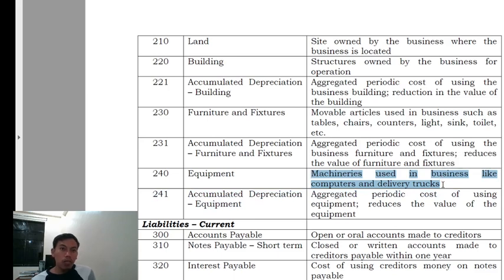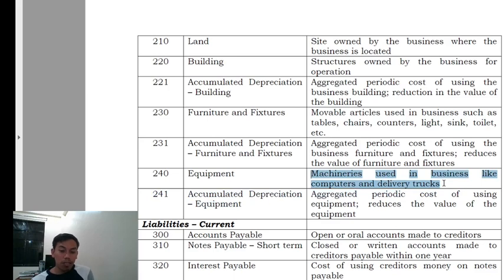Pag 15,000 ang mostly halaga niya, they could be considered an equipment. So ang laptop, ang printer, electric fan, hindi naman naabot ng 15,000 yan. Aircon, those could be considered equipment. Xerox machine, may delivery truck tayo, may airplane tayo, or chopper, or tricycle, motor, lahat yan, equipment, machineries used in business.